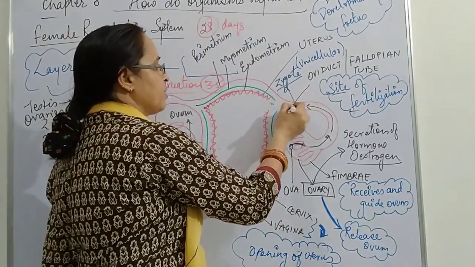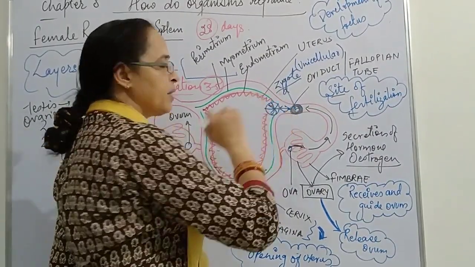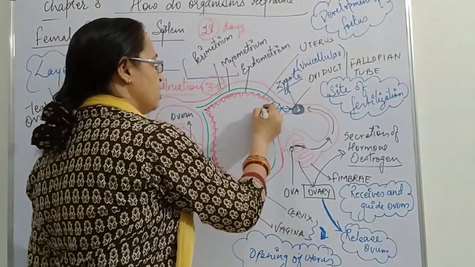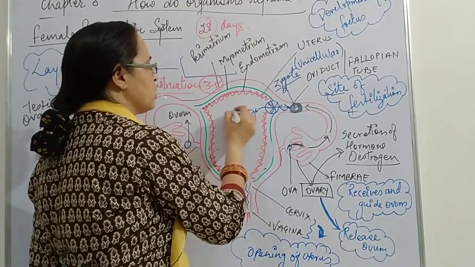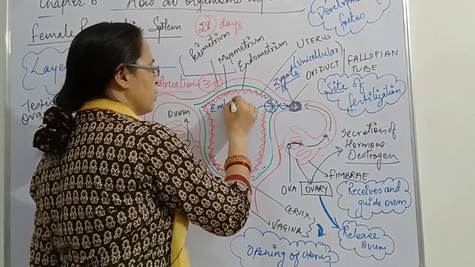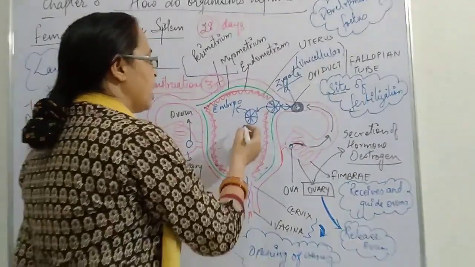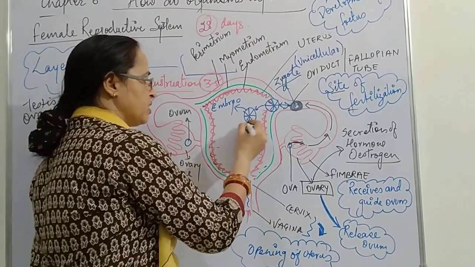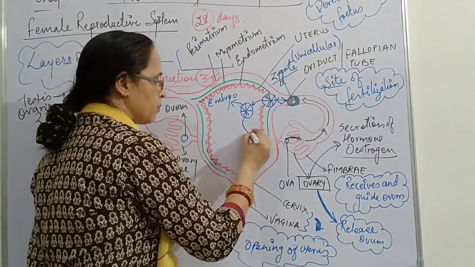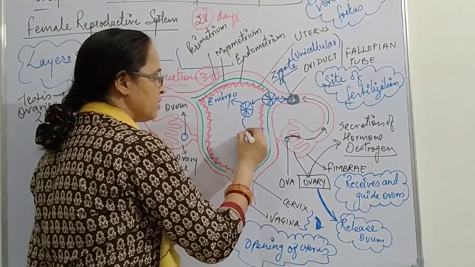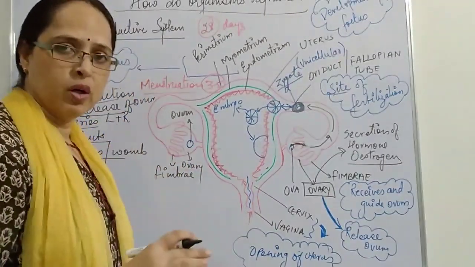Now this zygote divides and becomes a multicellular structure. This multicellular structure is called an embryo. Now it enters into the uterus and attaches with the uterus wall.